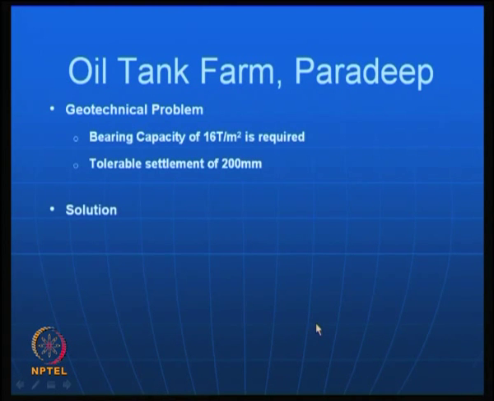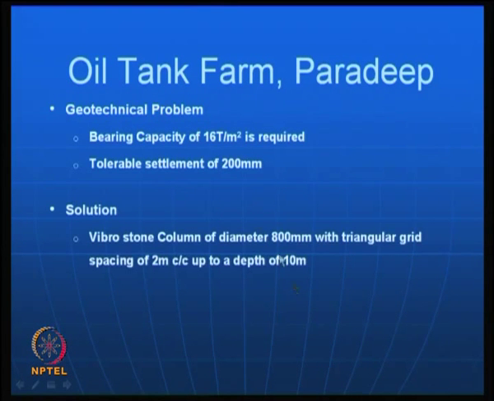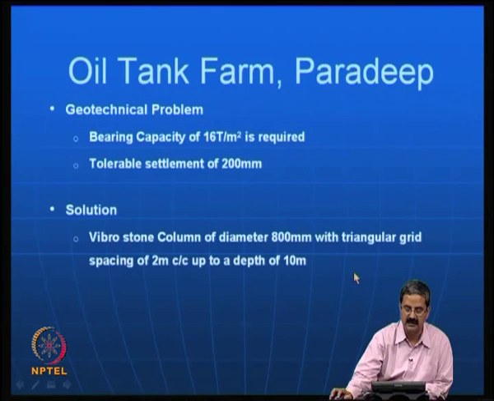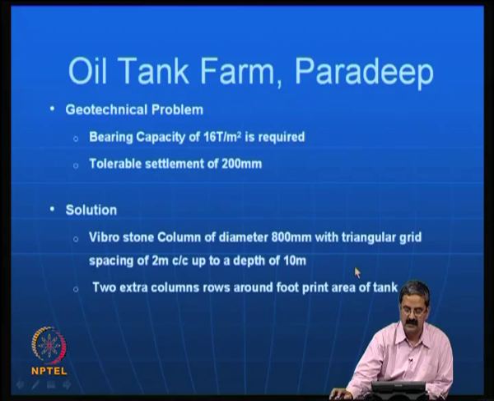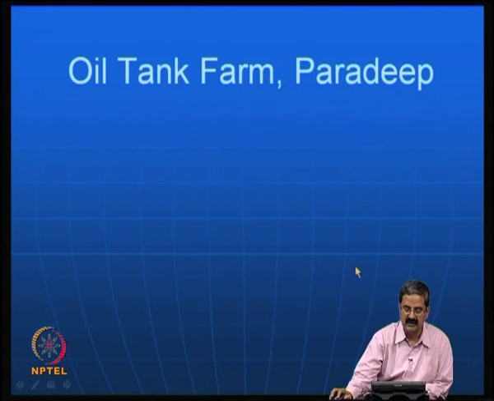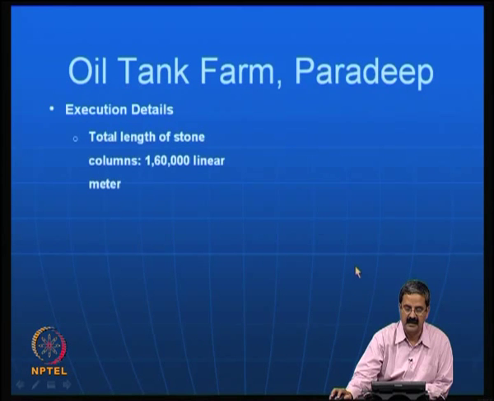So, the problem is that 16 tons per square meter is required and tolerable settlement is 200 mm. What they did was vibro stone columns of diameter 800 mm with triangular grid spacing of 2 meters center to center up to a depth of 10 meters. They are also using 2 extra columns in that case.